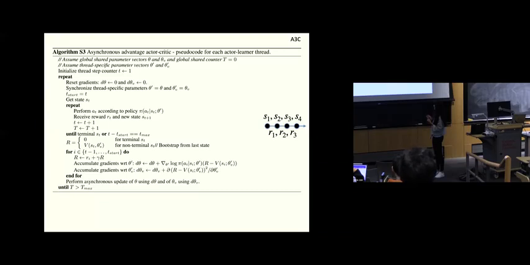We reset the gradient vectors. Now every worker, every thread, will copy the global parameters right here. Then it's going to start collecting experience, essentially deploying the policy in its own subpart of the environment, collecting rewards and seeing the next state, and so forth.